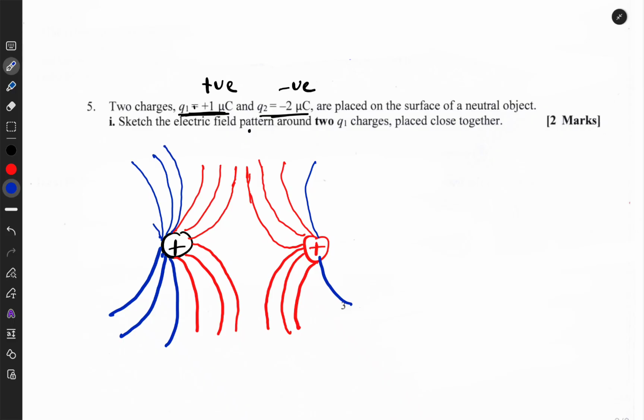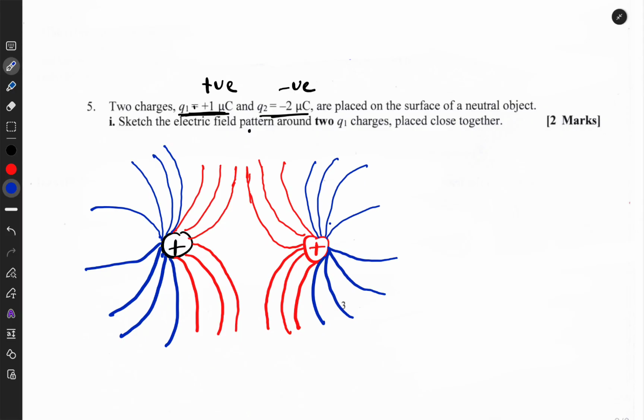Make them 6. Then one comes out like that. So it's 7 each side. Make them the same. So we should also have 7: 1, 2, 3, 4, then 5, then 6, then 7 is going to be like this. Okay, so this is exactly what you should do.